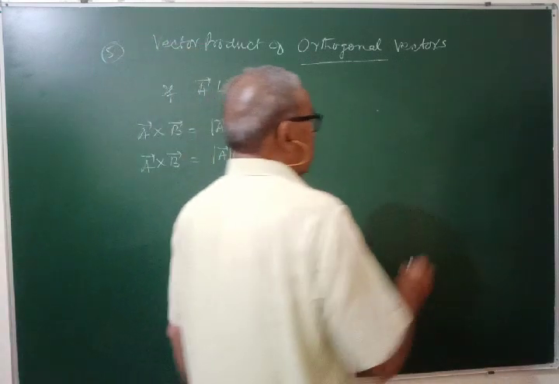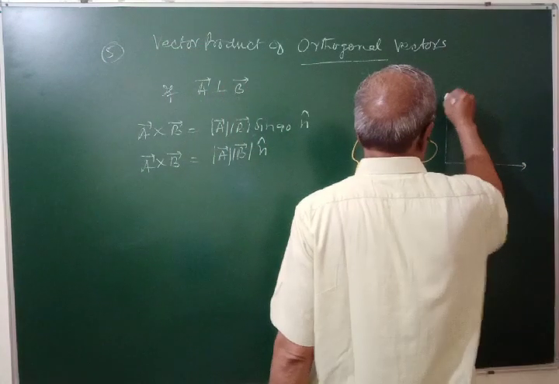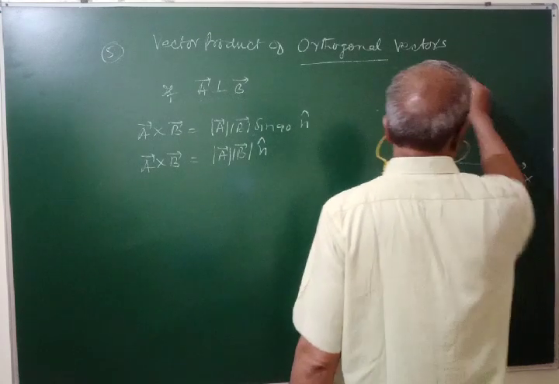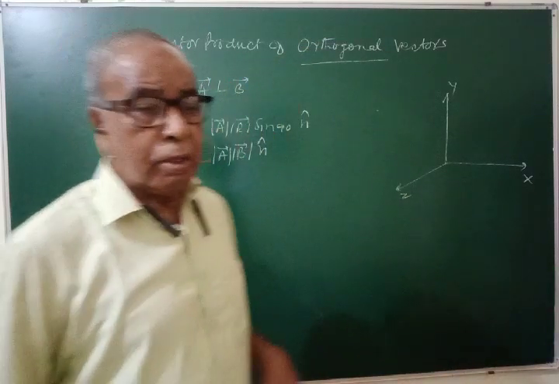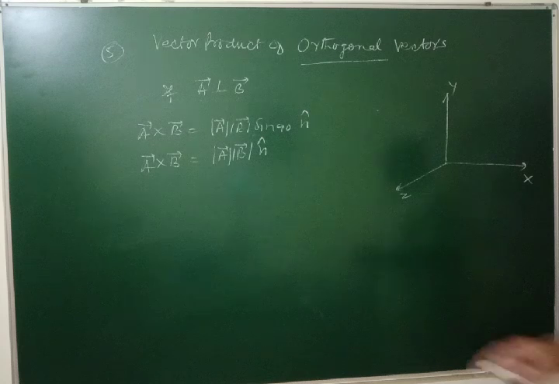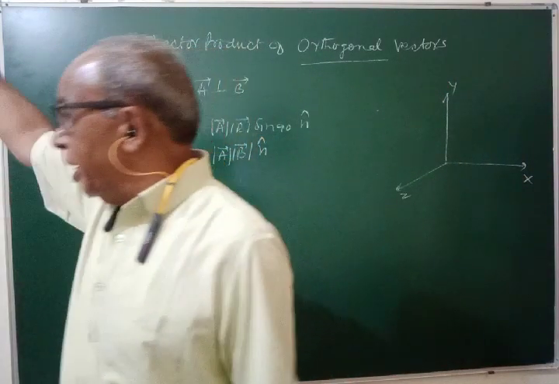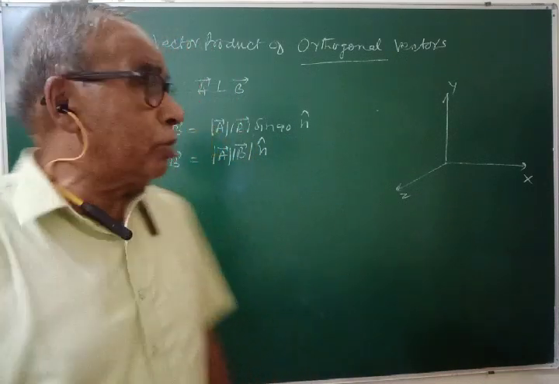You know, we have unit vectors along the x, y, z axes, which are perpendicular to each other. Now in the figure, it does not appear to be a right angle. See the corner of a room, and then three adjacent edges are the three axes, they are perpendicular to each other.